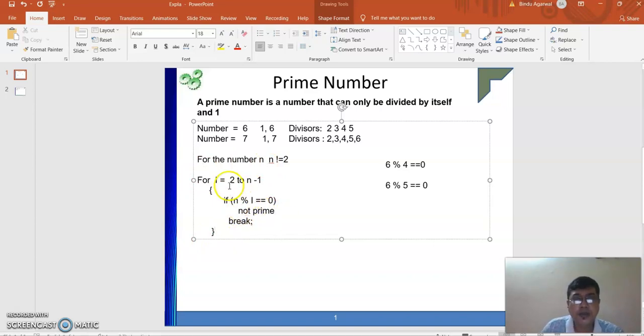We know it is prime if the loop executes completely till n minus 1 and we do not find any division. Once the for loop is completed, the value of i will at last be equal to n. So we can write if i equals n, then we can say it is prime.